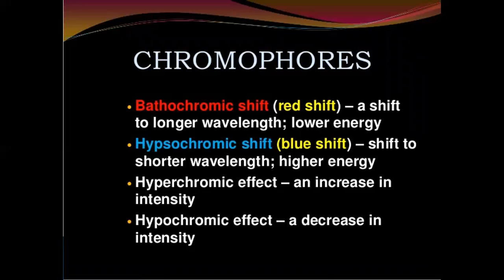Chromophore is applied to the system which imparts color to the compound. Color carriers are called chromophores. So the term chromophore is applied to the system responsible for imparting color to the compound. So chromophores mean color carriers.